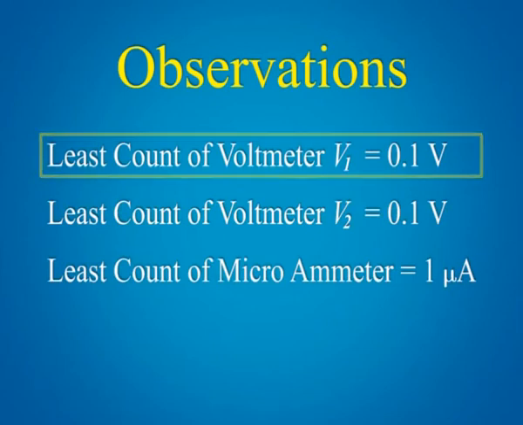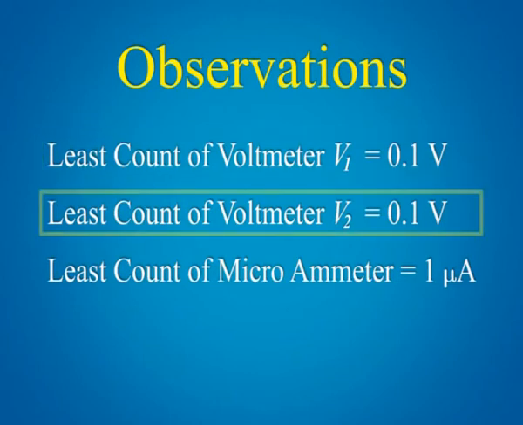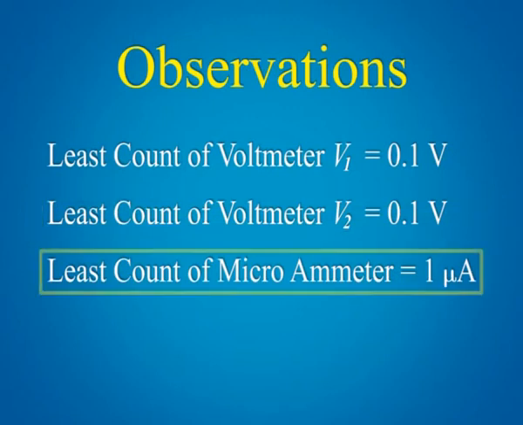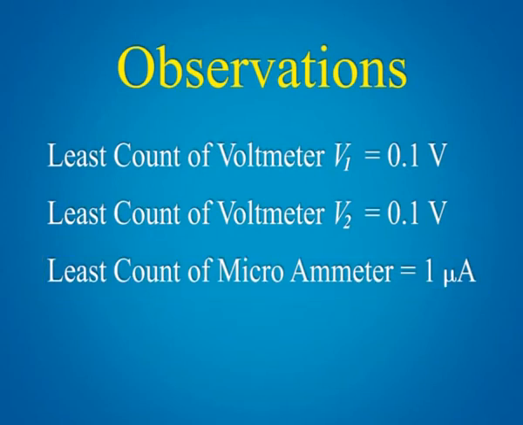Least count of voltmeter V1 equal to 0.1 volt. Least count of voltmeter V2 equal to 0.1 volt. Least count of microammeter equal to 1 microampere.